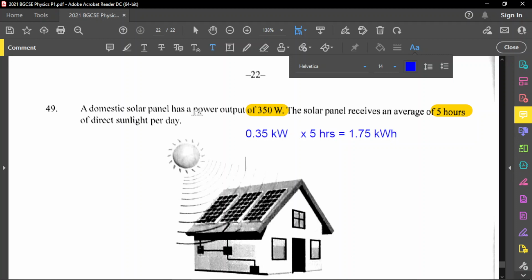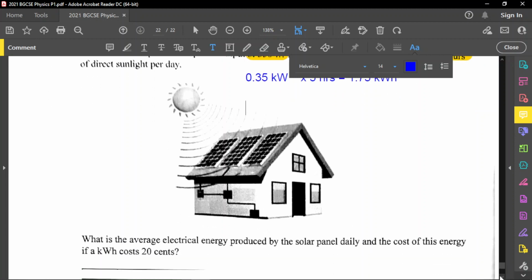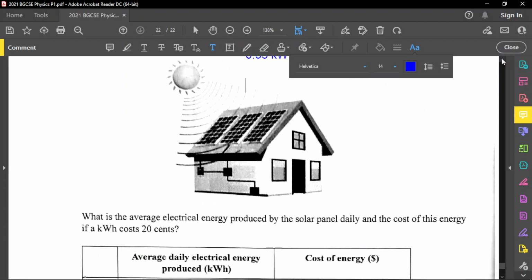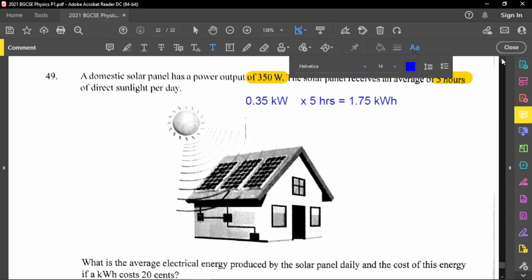All right, so 1 kilowatt hour was, I think, 20 cents. Let's go back for it quickly. Yes, it's 20 cents. So 1 kilowatt hour is equal to 20 cents, and 20 cents is $0.2, since 20 cents divided by 100 is 0.2 in terms of dollars. So we multiply 1.75 by 0.2, and what we get is $0.35. That's the amount of money we're going to spend.